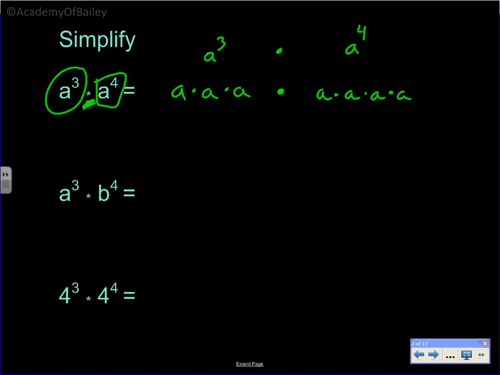Well, since all this is multiplication, can't we kind of simplify this a little bit to make this a to what power? 1, 2, 3, 4, 5, 6, 7. We're actually multiplying 7 a's by themselves. So if we look, a cubed times a to the fourth is going to give us a to the seventh.